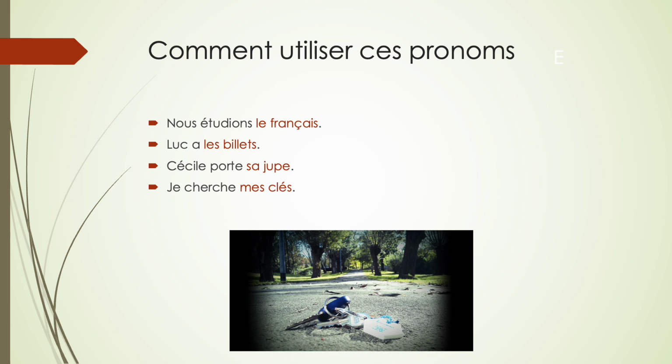And you would put the le before the verb. So it would be nous l'étudions. So, l'apostrophe here is replacing le français. So instead of saying we study French, it's saying we study it. Nous l'étudions.